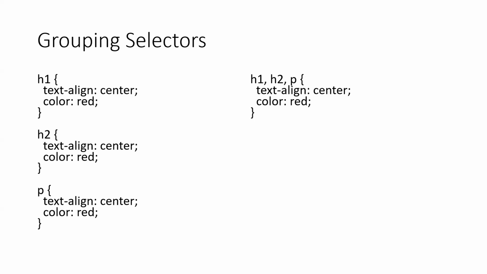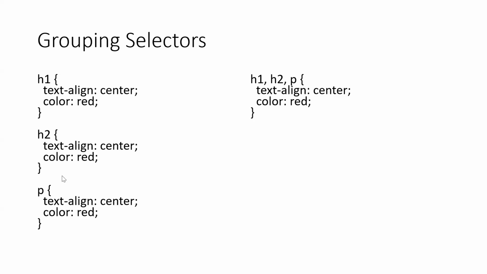Okay, right. So the point that I want to make here is we can group selectors. For example, let's say that you apply the same thing for multiple selectors. You can notice here I'm applying the alignment for H1, H2, and also the paragraph.